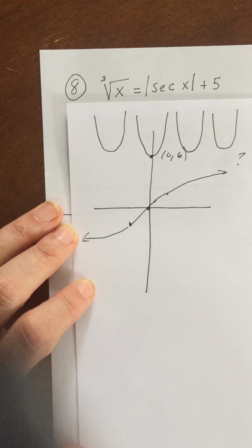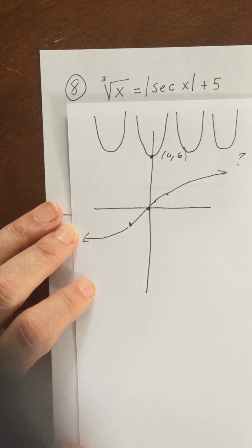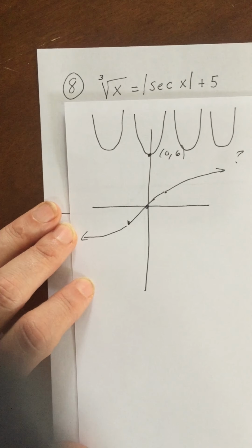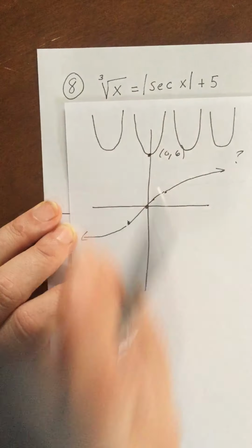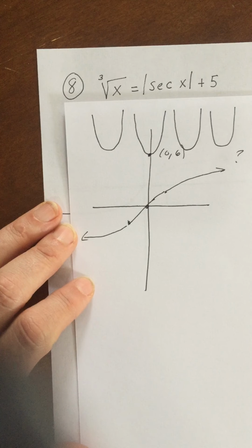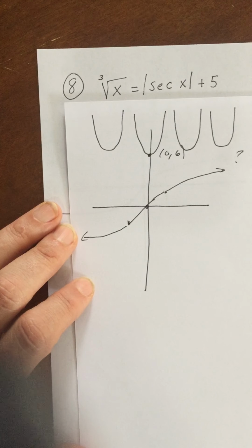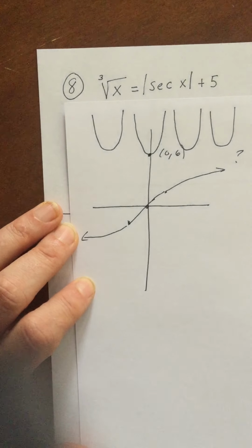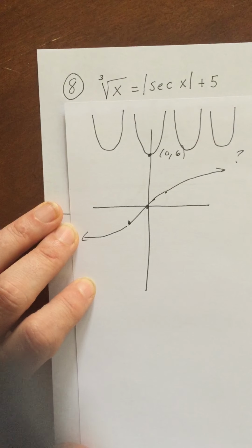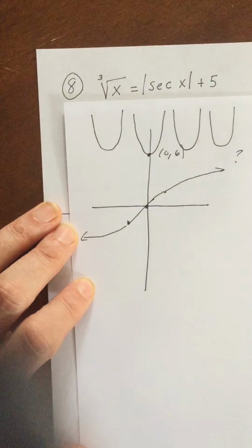It turns out the cube root of x is going to continue to grow as I put in larger and larger values for x. If I put in 1,000, the cube root of 1,000 is 10, right? So I'd have to go really far on the graph to see it, which is why this isn't a great calculator problem, because you'd have to make your window really huge to see an intersection.